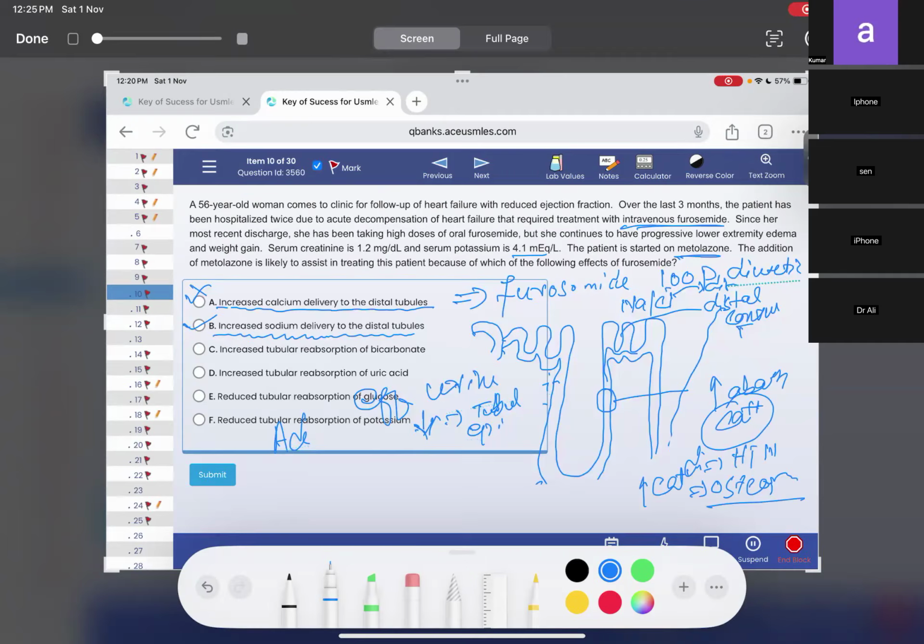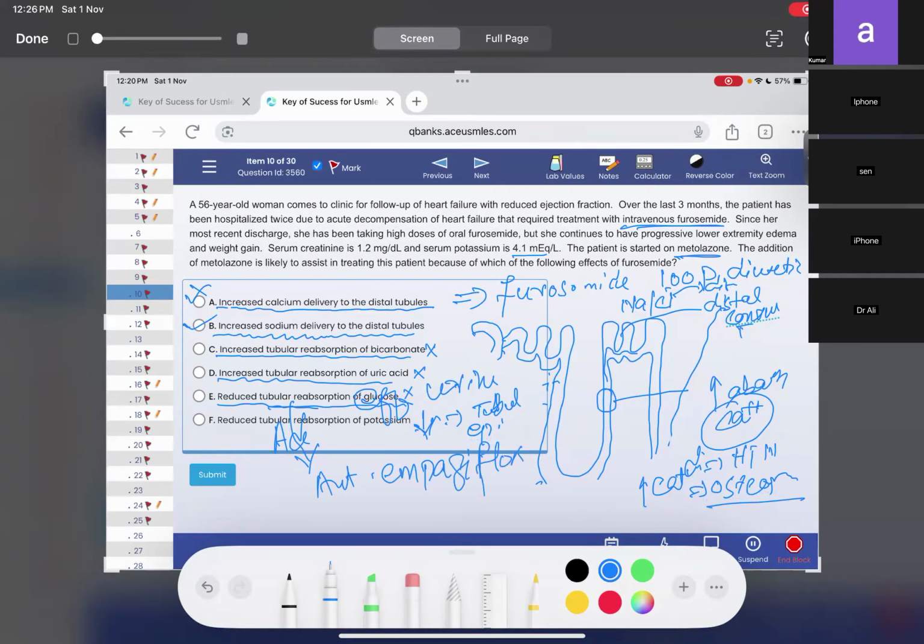Option C, increased tubular reabsorption of bicarbonate, is not correct regarding metolazone, and option D, increased tubular reabsorption of uric acid, is also not correct. Reduced tubular reabsorption of glucose is usually caused by drugs like sodium glucose transporter 2 inhibitors, like empagliflozin.